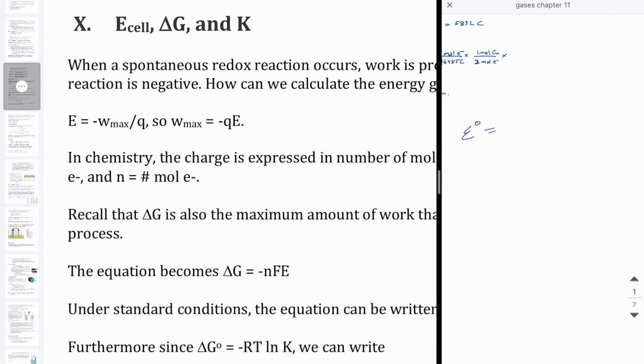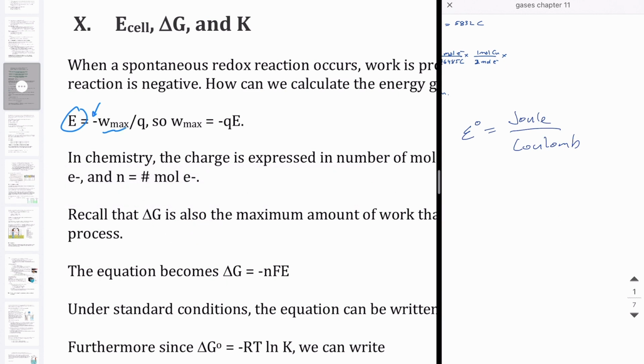E itself, of course, is just the energy. It has a unit of joules per coulomb, which is the number of charge of the electrons that are flowing. So we can write E as just the amount of work that's done. Because work is coming out of these voltaic cells, because we're spontaneously producing voltage, producing energy, we can put a negative here.